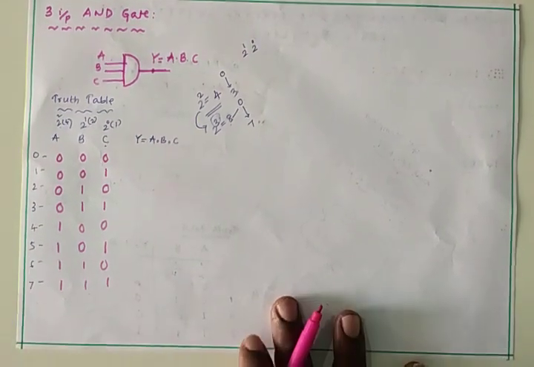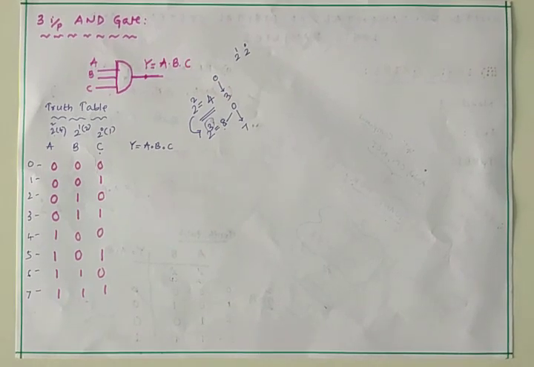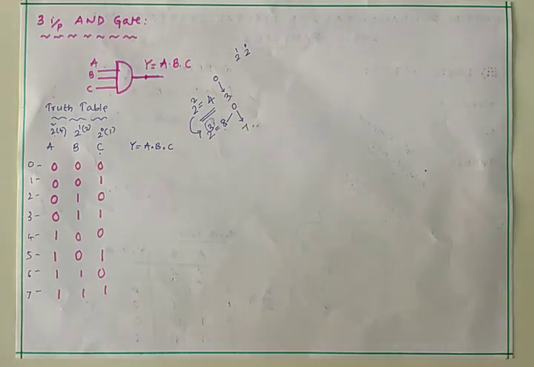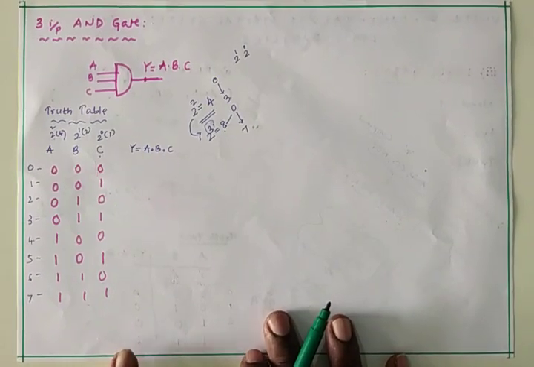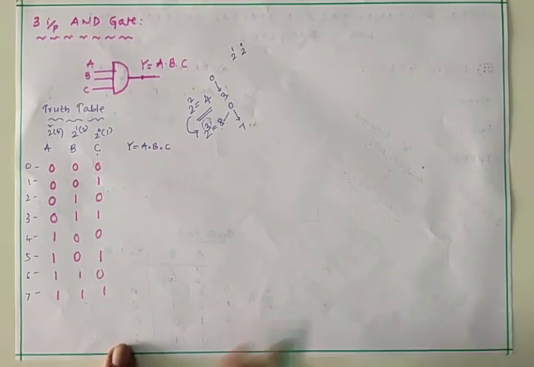Just now we made the conclusion that only if all the inputs are 1 will the output be 1, otherwise the output will be 0. With this conclusion in mind, you can directly go with the output of this AND gate. For each combination, first verify whether the input combination has all ones.